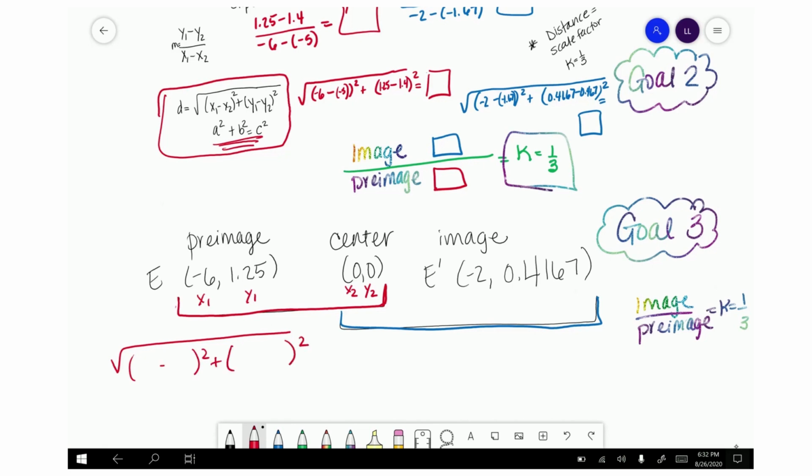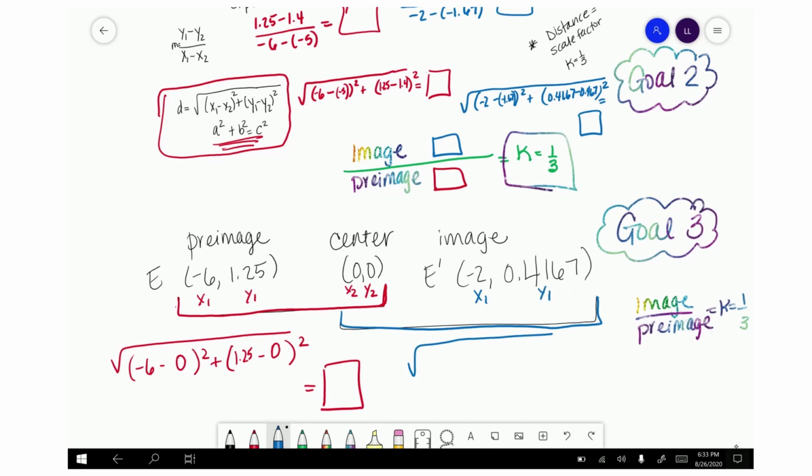All right, so I'm setting it up. All right, so -6 minus 0 and 1.25 minus 0. Just like that. You find that answer here. All right, same thing here. We're going to call this x1 and y1.